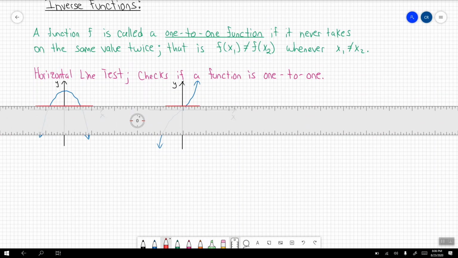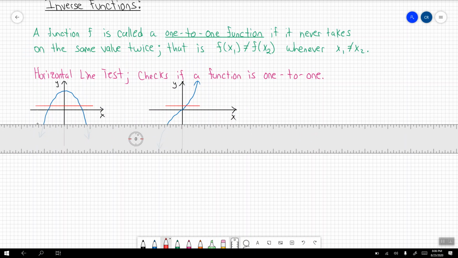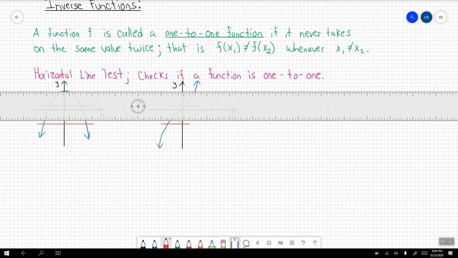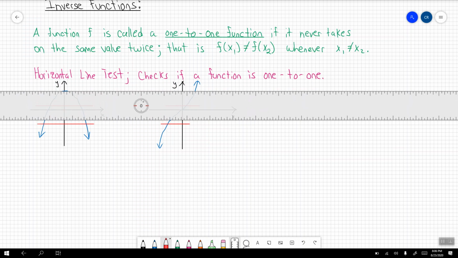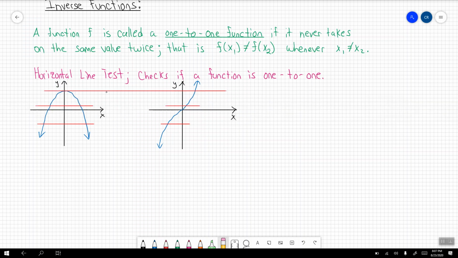If it does intersect more than once, then the function is not one-to-one. If the horizontal line intersects the function only one time anywhere on that graph, then our function is a one-to-one function.